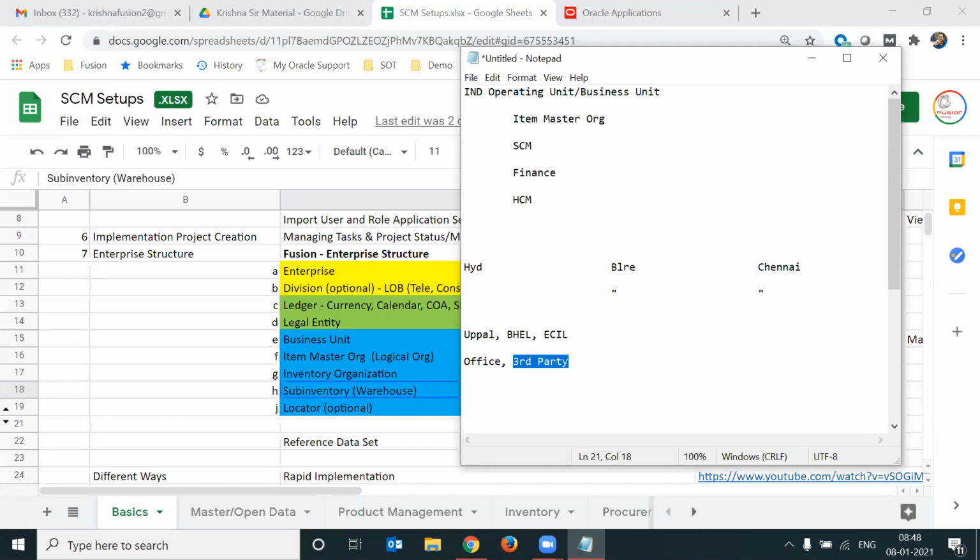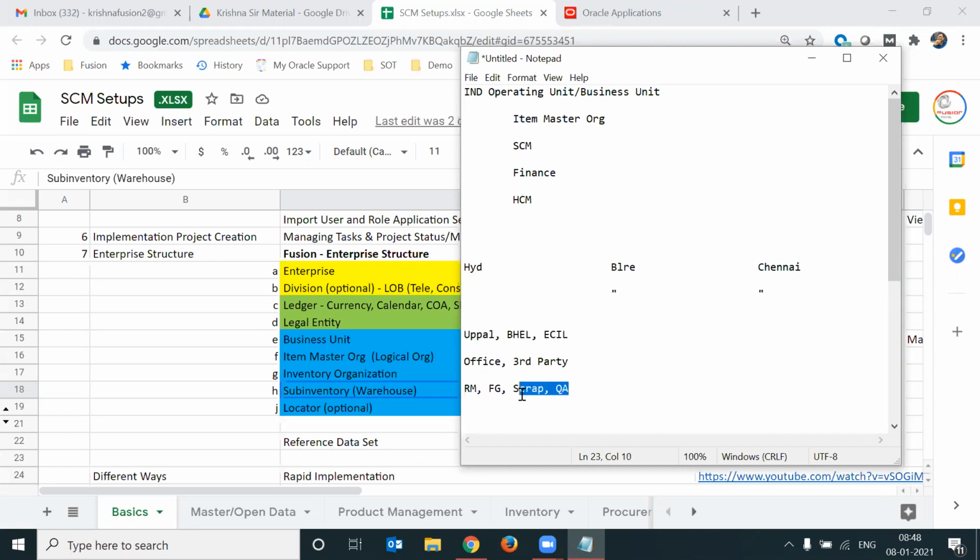Otherwise, we can also define sub inventories like RM, raw material sub inventory, finished goods sub inventory, or scrap sub inventory. Okay. Or QA sub inventory, nothing but quality sub inventory.